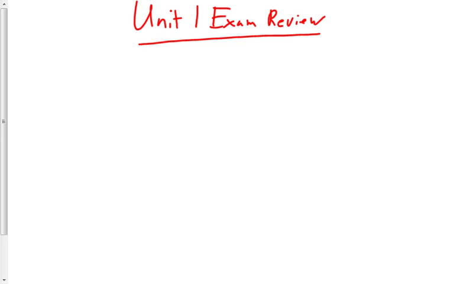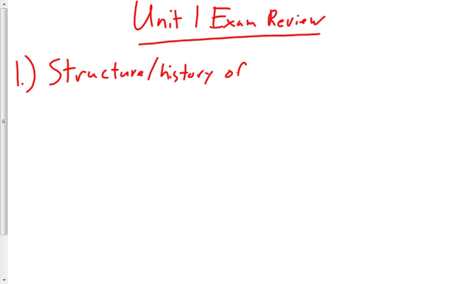All right. So the first thing that we covered was the structure and history of the atom. In that lesson, we talked about why the model of the atom has changed.